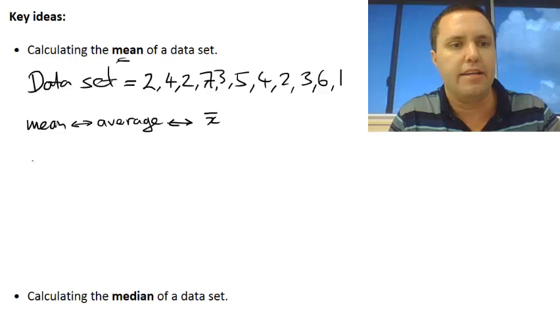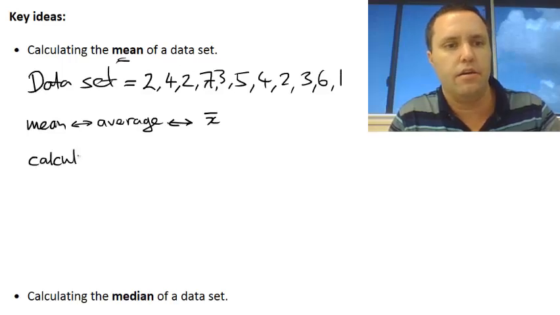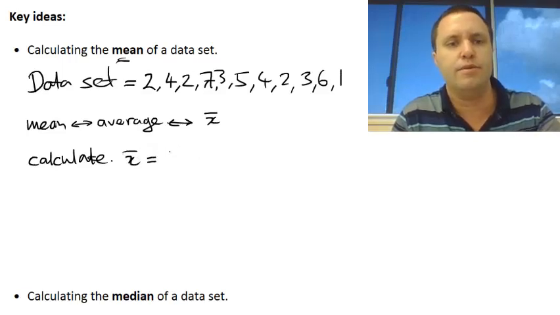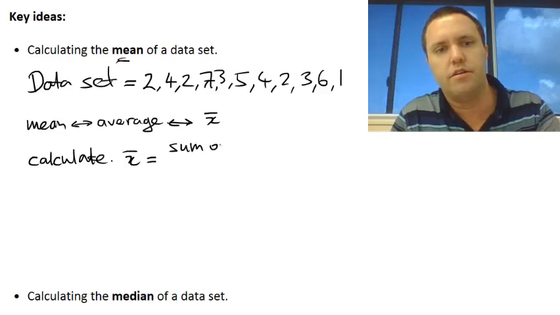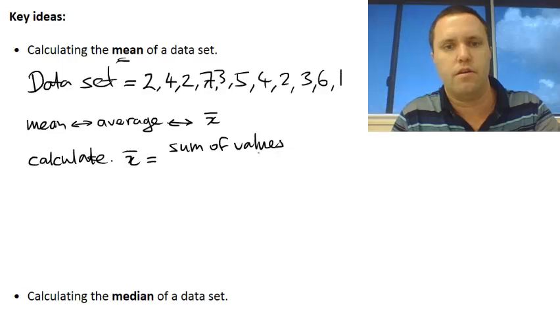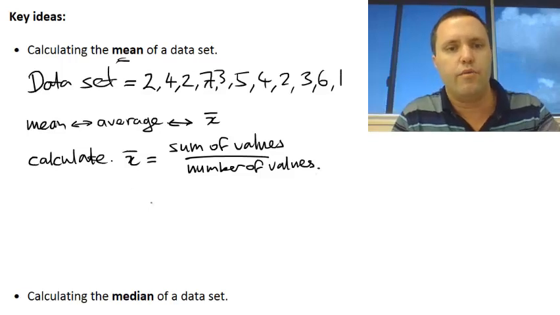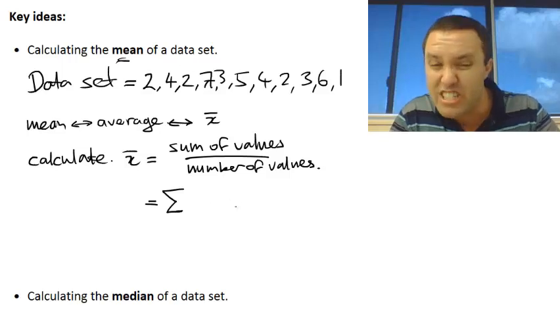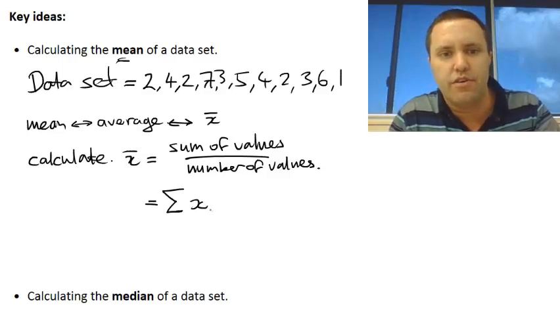To calculate it, X bar, that means mean, is equal to the sum of the values over the number of values. Another way you could write this, if you wanted to be super mathematically quick, is the sum of all of your X values divided by the number of X values that you've got.